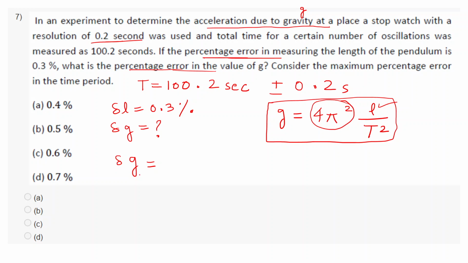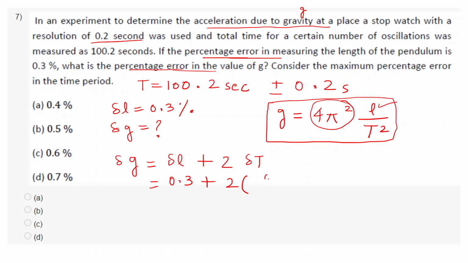So that means relative error in g will be relative error in L plus 2 times, because there is T squared, that's why 2 times relative error in T. This will be simplified. Then relative error in length is 0.3%, plus 2 times the relative error in time period.